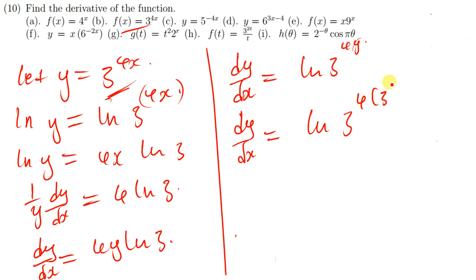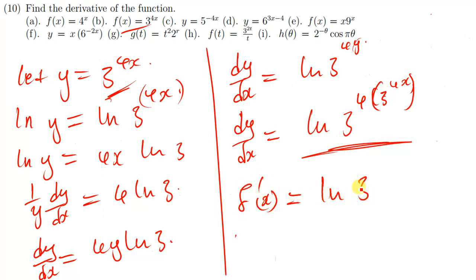So don't make a mistake by multiplying this 4 and that 3. No, you can't multiply those two. So this is the expression. So you conclude by writing f prime of x is equal to ln 3 times 3 to the power 4x.